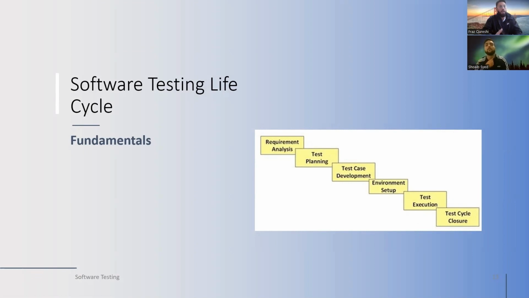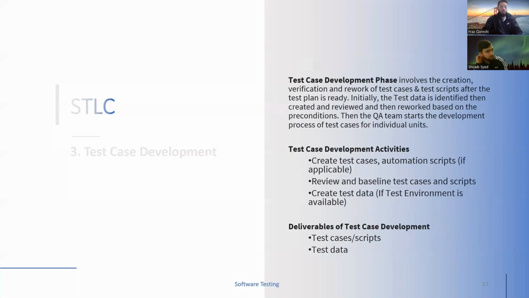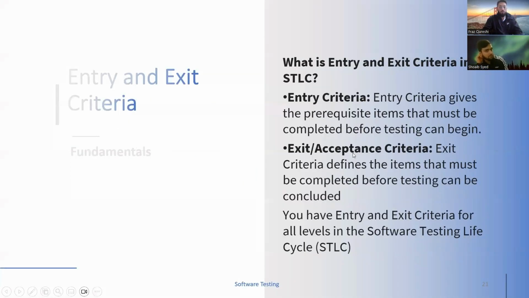Acceptance criteria is also something given to us in the requirements: in order for me to accept your application, these are the criteria that should be met. As a client, I can only accept when you meet these criteria.